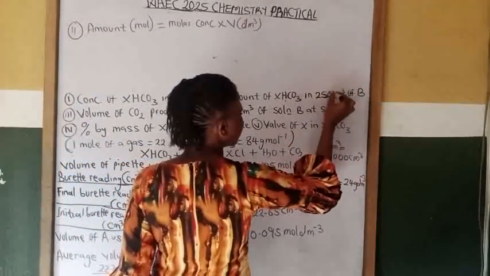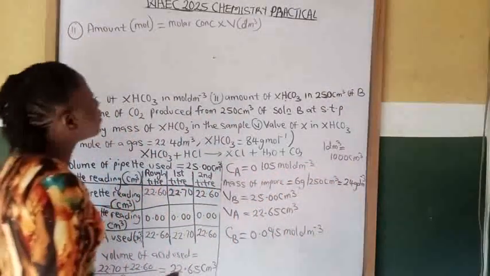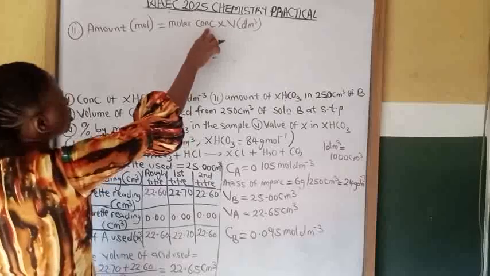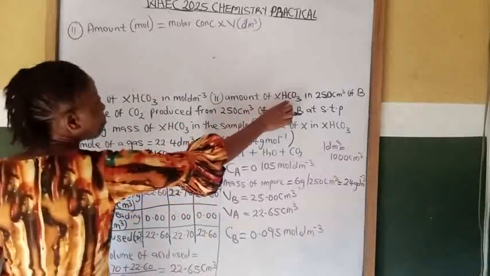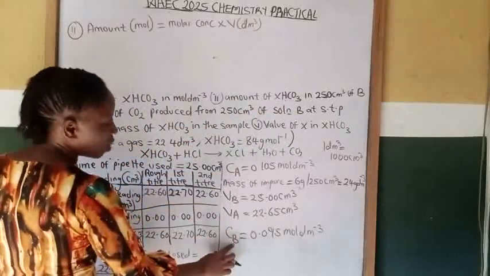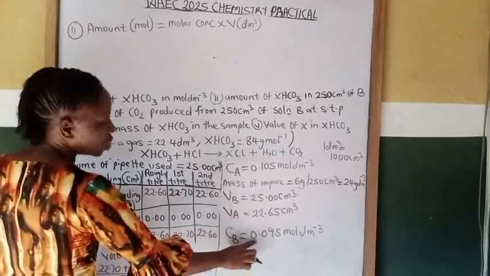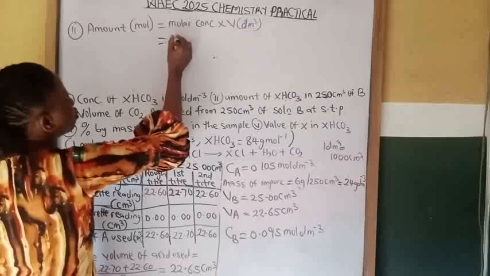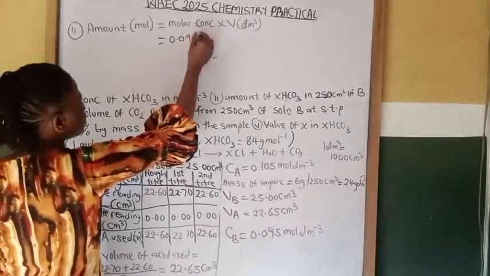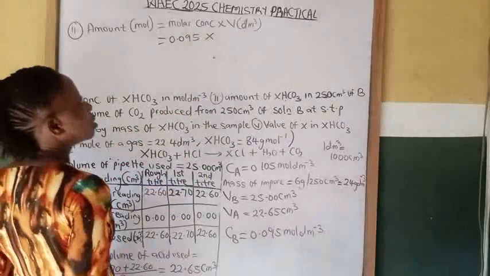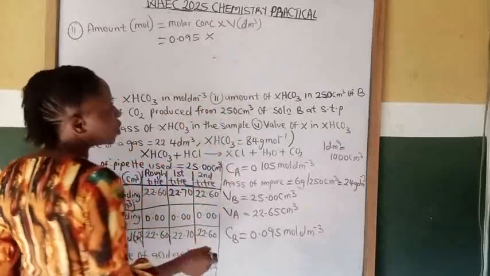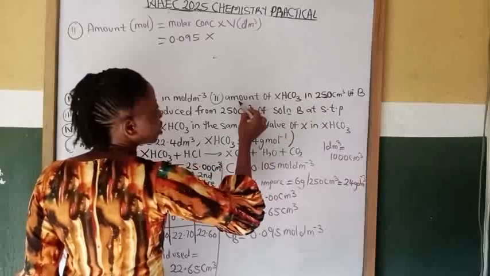The formula for calculating amount is the molar concentration of the base that I'm looking for, which is CB, 0.095, times the volume in dm cube.